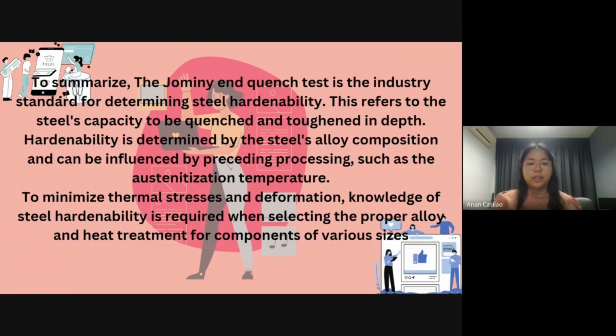Understanding steel hardenability becomes imperative in the selection of appropriate alloys and heat treatments for components of varying sizes. This knowledge is key to minimizing thermal stresses and deformation, ensuring that the chosen steel meets the specific requirements of diverse applications. Fundamentally, the Jominy test's insights into hardenability contribute significantly to informed decision making in material selection and heat treatment processes within the steel industry.